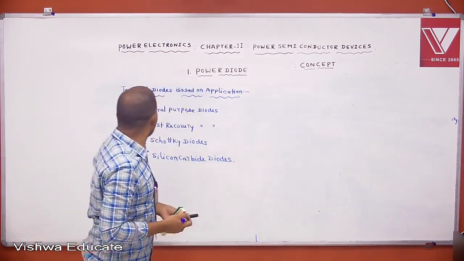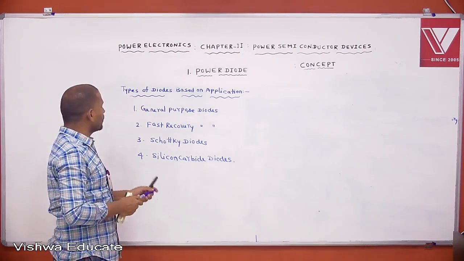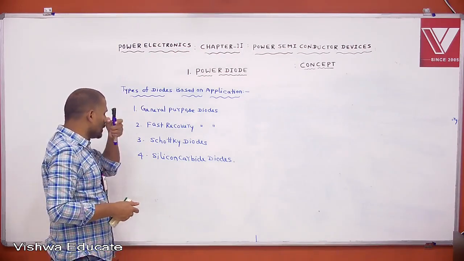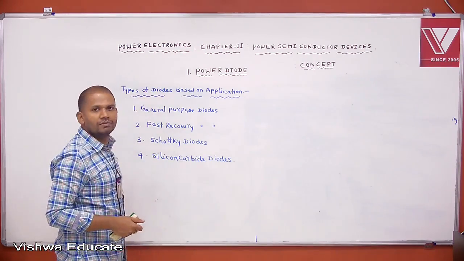You will see in detail about what general purpose diodes, fast recovery diodes, Schottky diodes and silicon carbide diodes are, and what the application of each diode is.